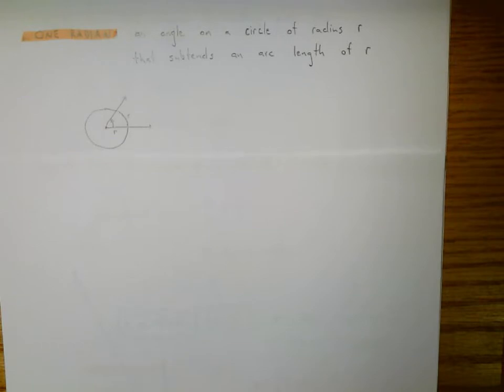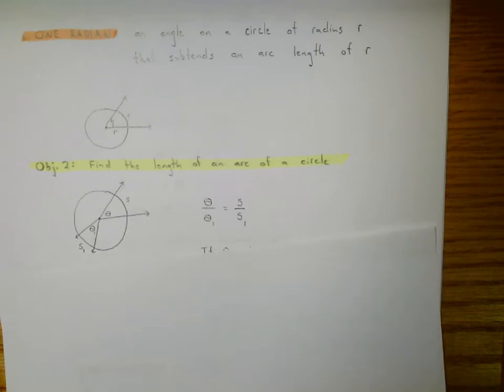Okay? The second objective, now that we've talked about what 1 radian is, we're going to really use radians for a lot of objectives. Here we're going to find the arc length of a circle. So I'm going to start you with another picture, and I'm going to look at a proportion here. So we know from our studies in geometry that central angles in a circle and the arc lengths that they subtend are proportional.